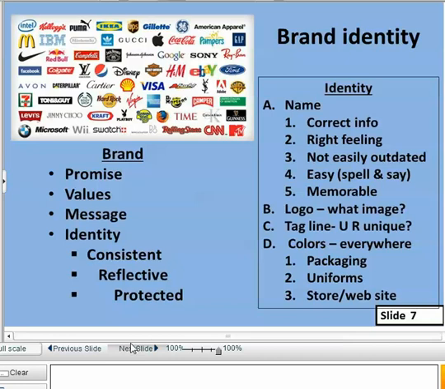Logo: the logo is more than just the way you express your name. It's got to be unique. It's got to create that image that you're looking for. Your tagline, again, I think I used the example of LSMFT, Lucky Strike Means Fine Tobacco. It's catchy, it expresses a thought, and that thought holds in people's minds.